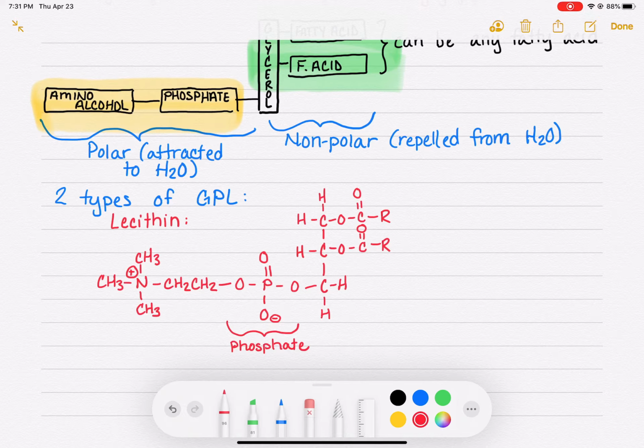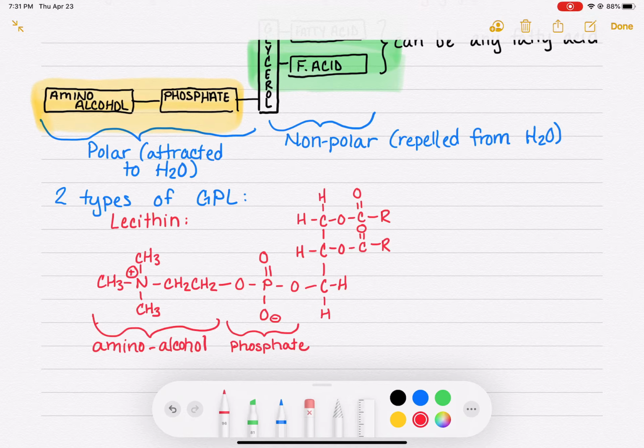When we make a cartoon drawing of lecithin, a lot of times you'll see the lecithin molecule represented as, actually, let me put a mark on this. This is our amino alcohol.